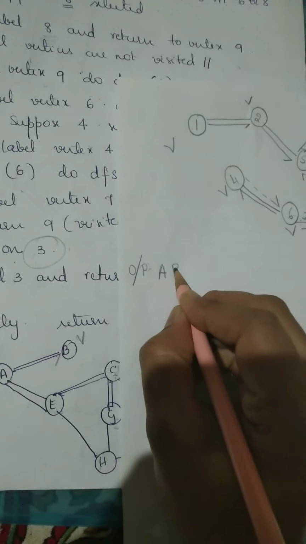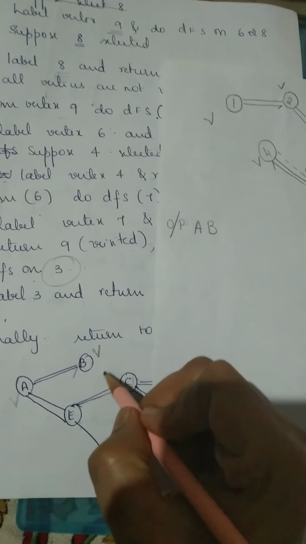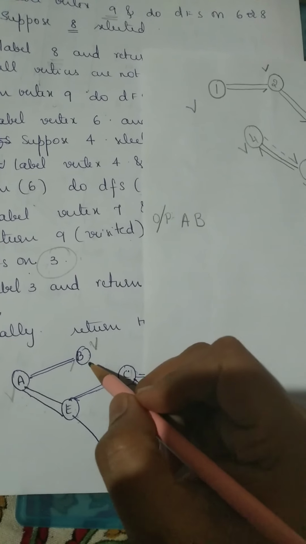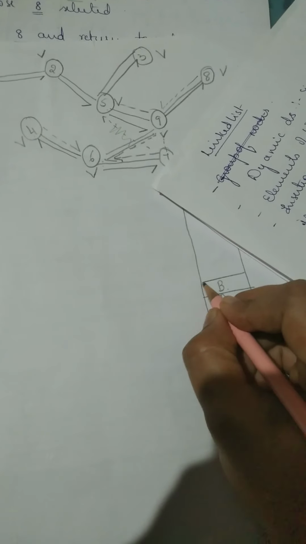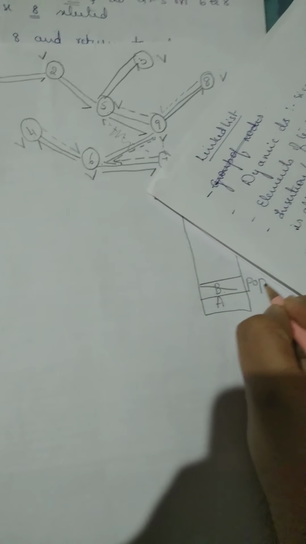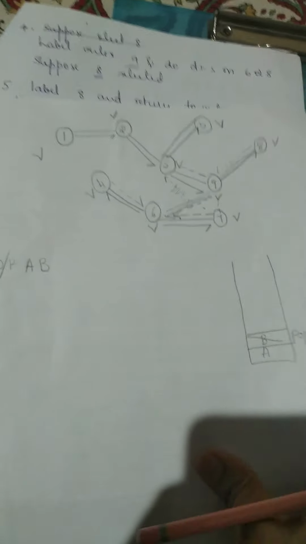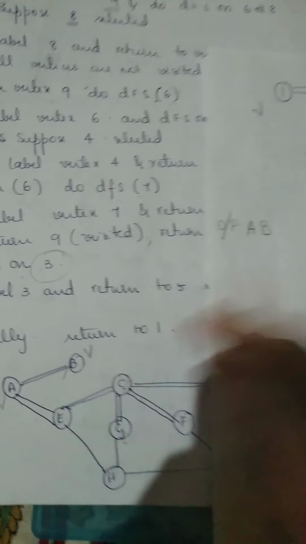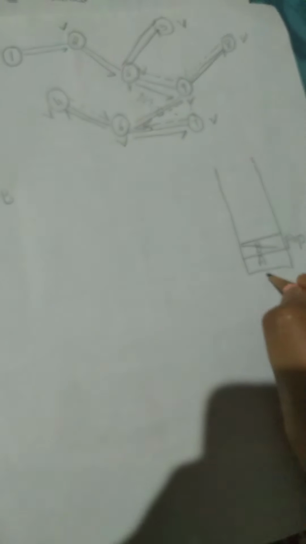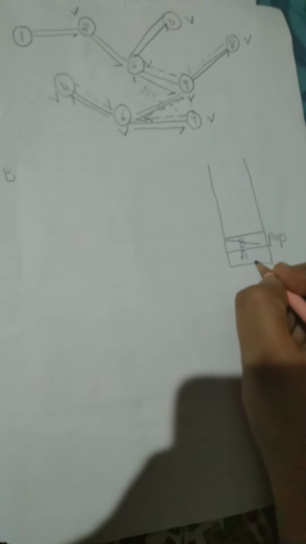I'll mark A as visited. Next I'll select B. Now from B I need to check whether there is any adjacent unvisited vertex. No. Now pop B. Now B is popped out. After popping B, what is the last item left in the stack?